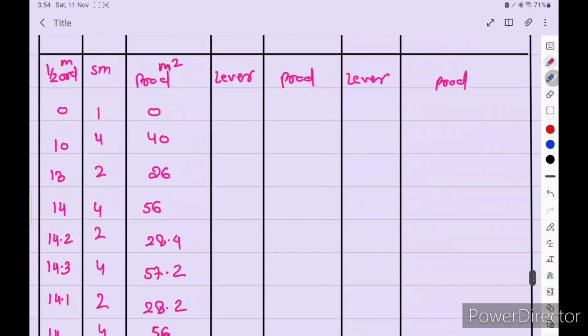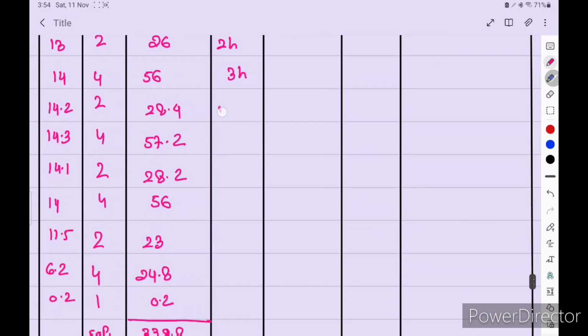Now lever, so from aft is given, so 0H, 1H, 2H, 3H, 4H, 5H, 6H, 7H, 8H, 9H, 10H.